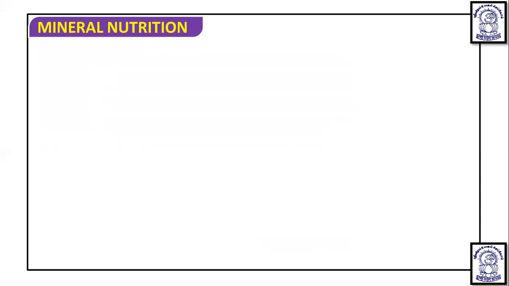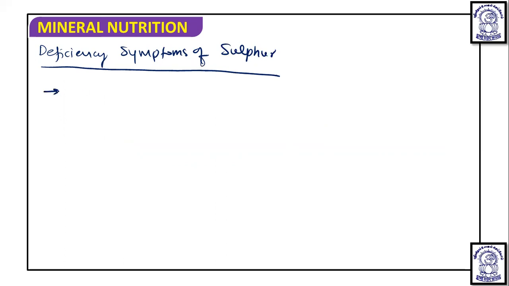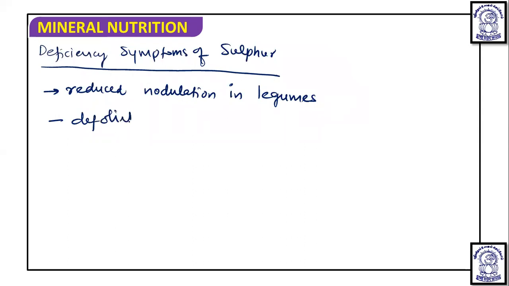Now, the deficiency symptoms of sulfur lead to reduced nodulation in legumes, and defoliation, meaning the falling of leaves, in tea.